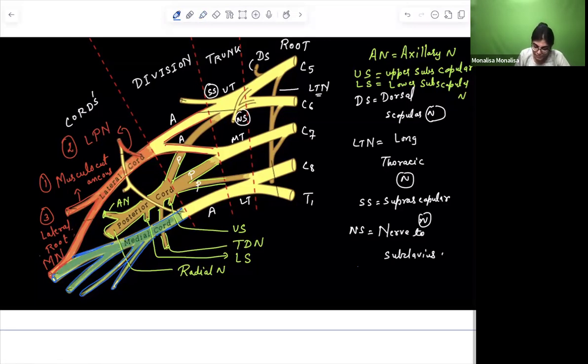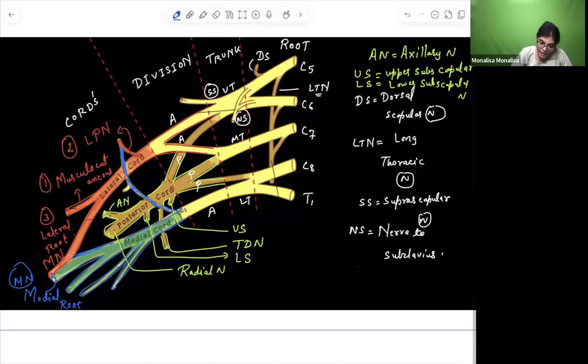So we will have medial root of which nerve? MN, median nerve. ME for you, and then we will have the medial pectoral nerve. So this nerve which you are seeing is the medial pectoral nerve.